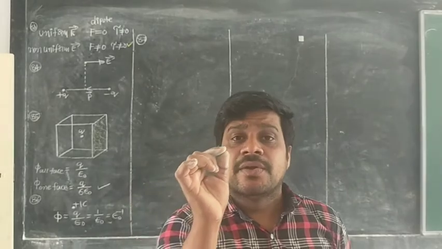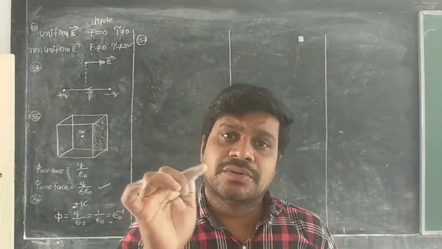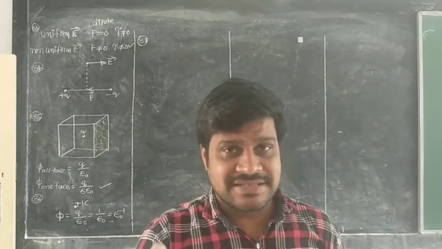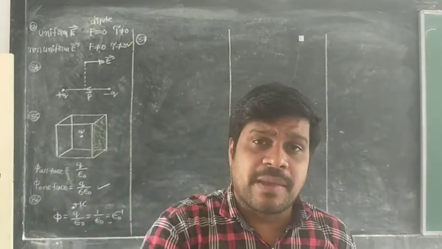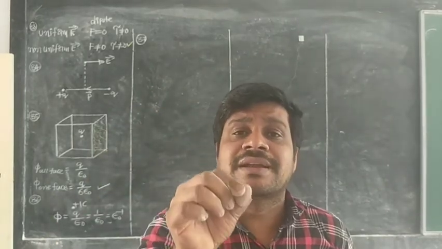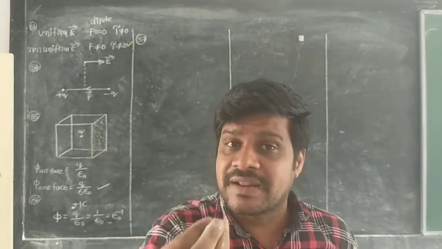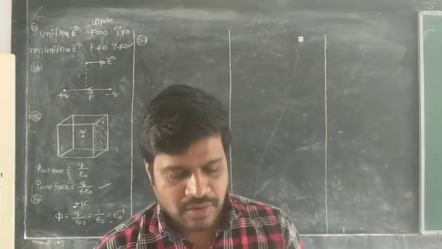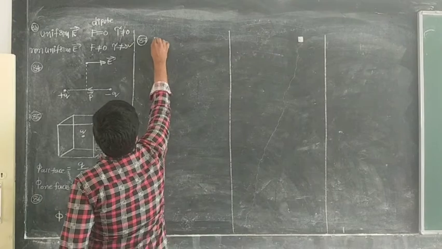In a similar way, due to the second, third, and fourth electric dipoles, the electric charge is 0. Like that, due to 8 electric dipoles inside the cube, the net electric charge is 0, which means electric flux is also 0. So the answer is 0. For 87, flux is 0.